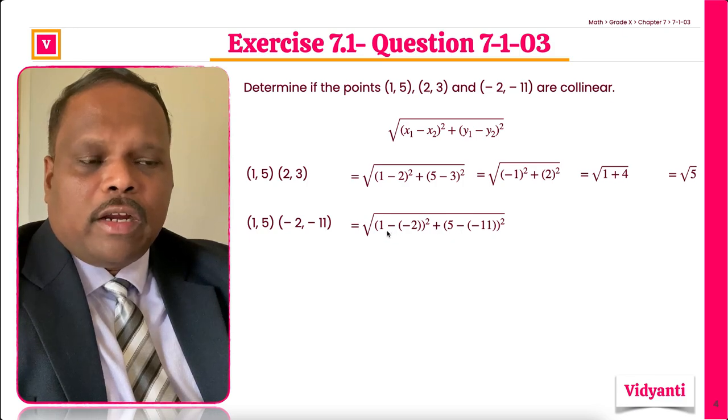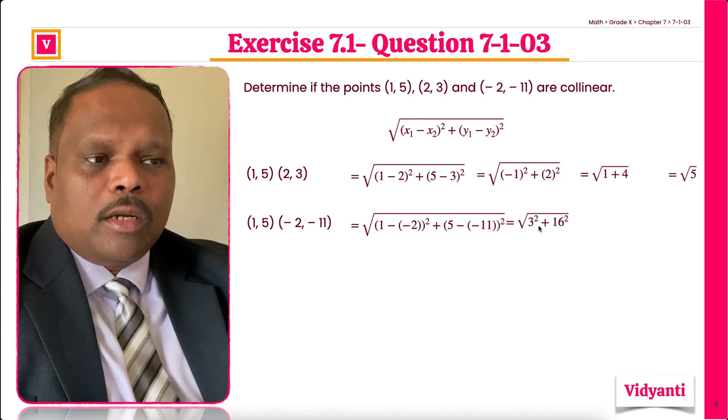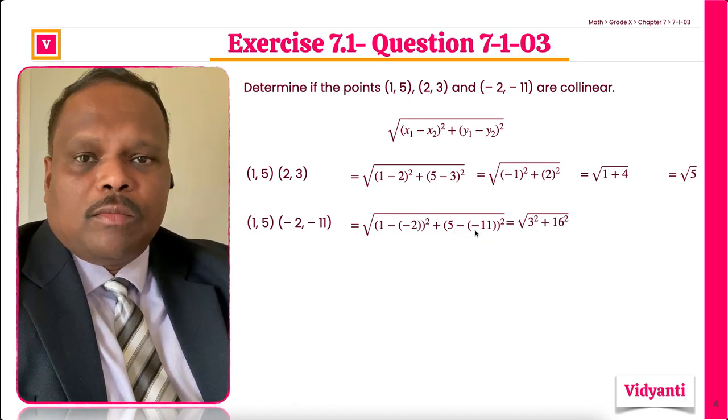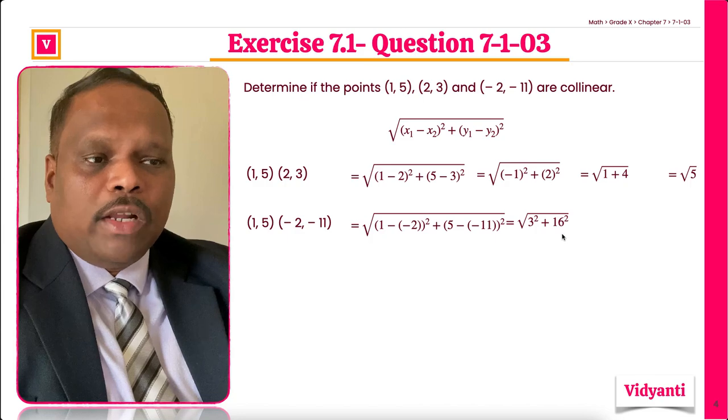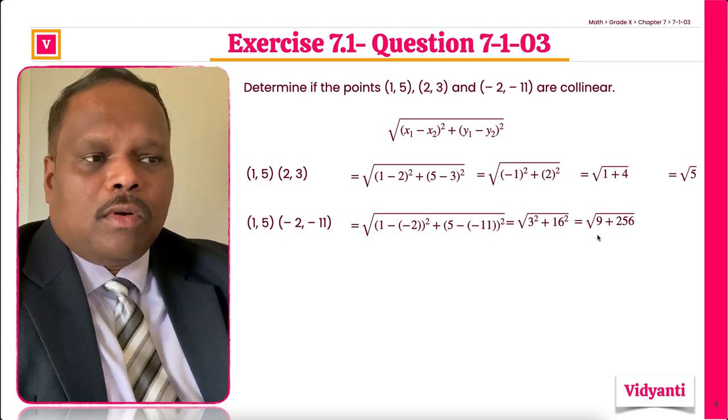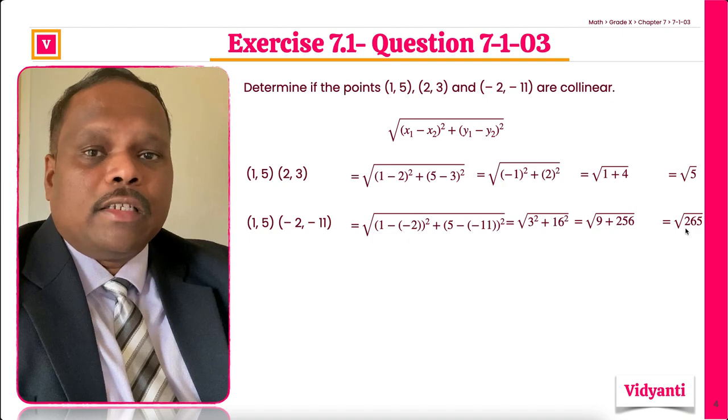Both brackets squared and eventually everything is square rooted. So 1 minus of minus 2 will be 1 plus 2, so that will become 3 squared. And 5 minus of minus 11 will be 5 plus 11, that is 16 squared. 3 squared is 9, 16 squared is 256. So altogether this will come out to be the square root of 265.